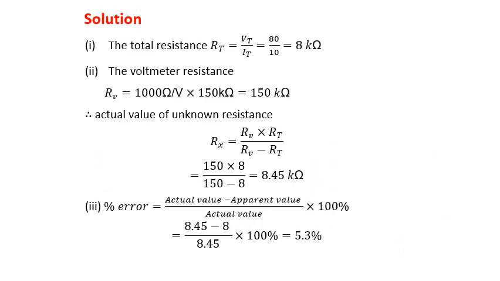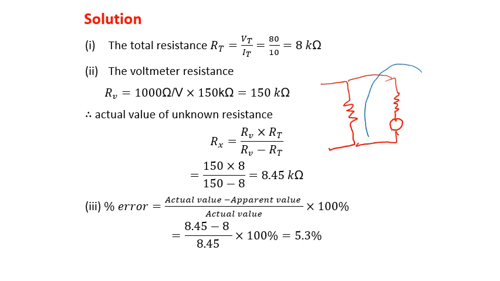Before we start the solution, let us keep something in mind. We have a resistor whose value we need to measure, and we connect a voltmeter across it. The voltmeter by itself has an internal resistance with the measuring element. This is the voltmeter.